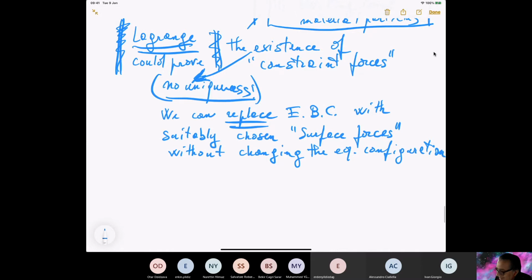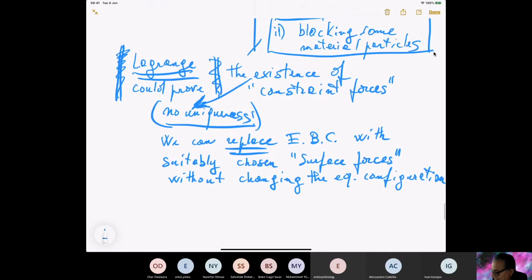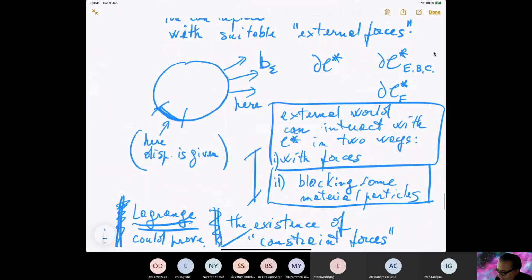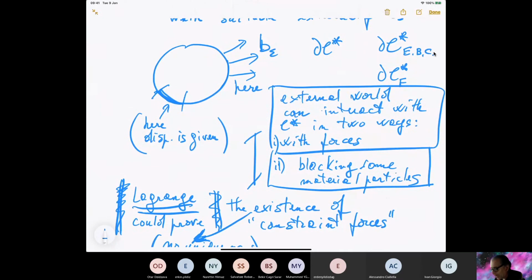So in a sense, it is an equivalence. Instead of imposing the displacement here, this is the reason for which we can talk about Dr. Jekyll and Mr. Hyde. Dr. Jekyll is the essential boundary condition.